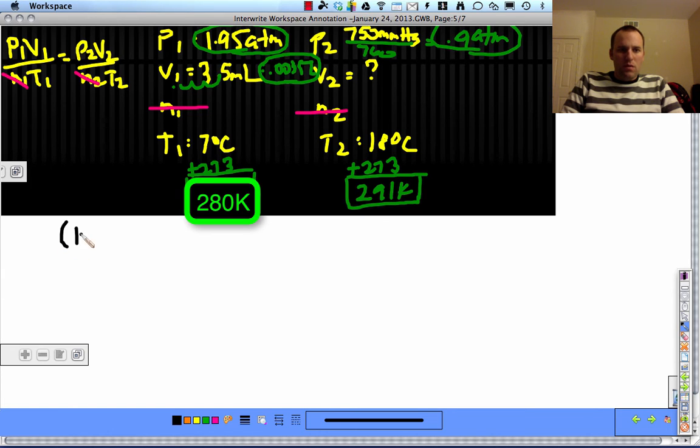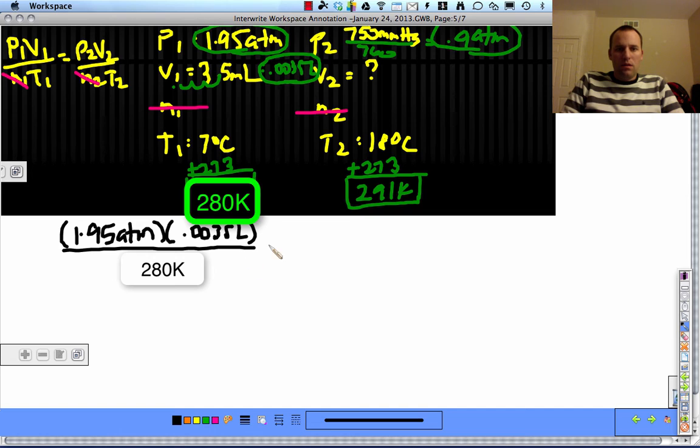So the pressure is 1.95 atmospheres. The volume originally is 0.0035 liters. Put that over the original temperature of 280 Kelvin. That's equal to our new pressure, 0.9 atmospheres.